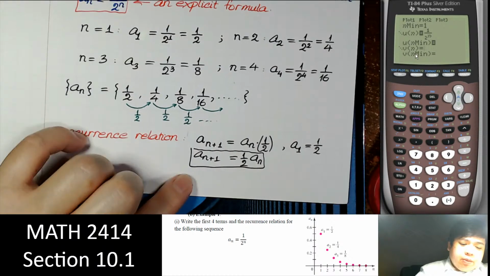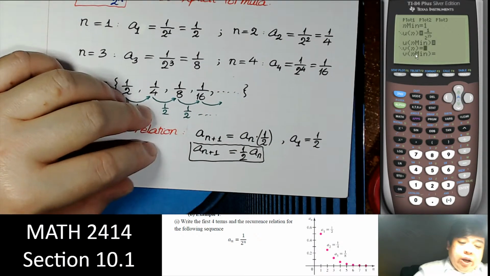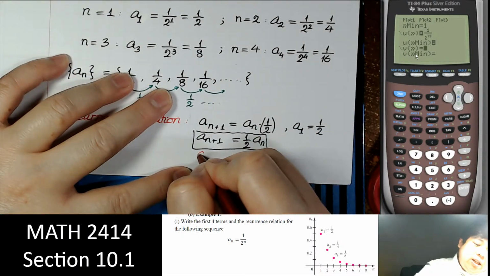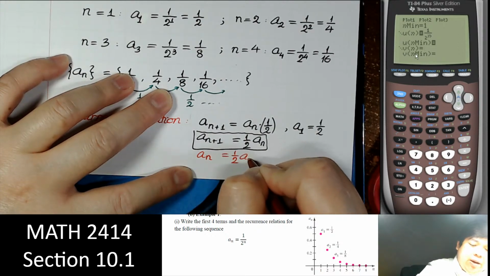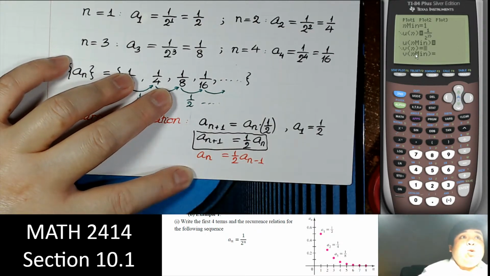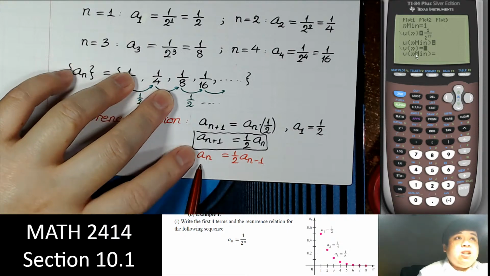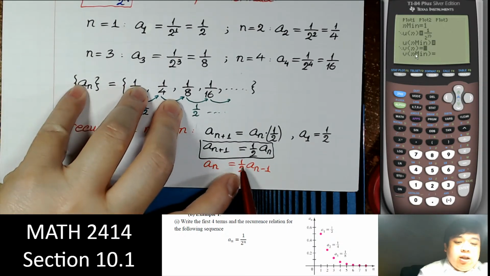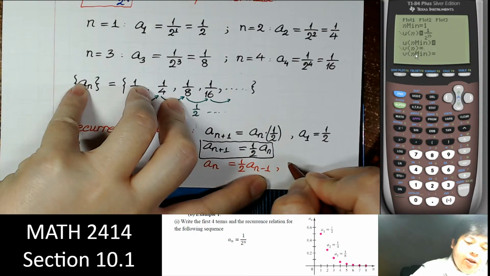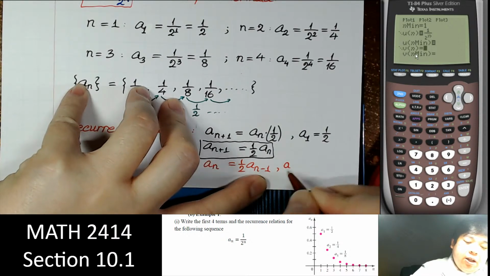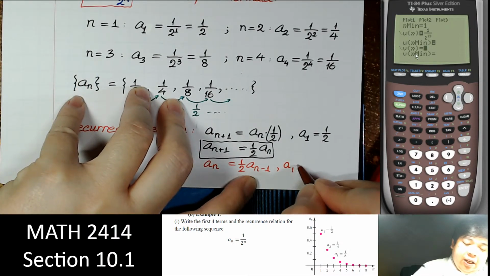Or if we shift the index, we can also say a_n equal to 1/2 a_(n-1). That also works, right? So this term is the previous term times 1/2. However, when we do this, the first term is still 1/2.